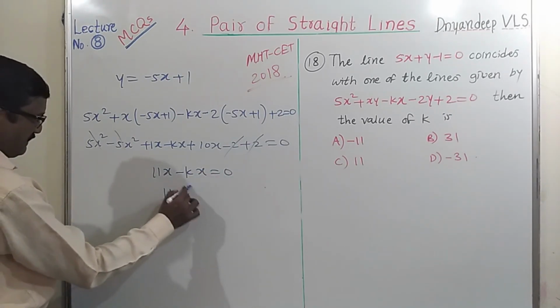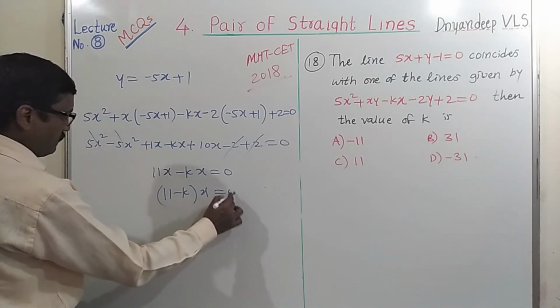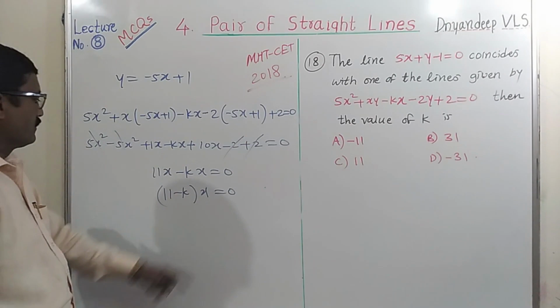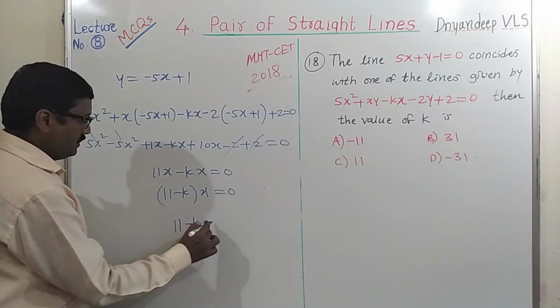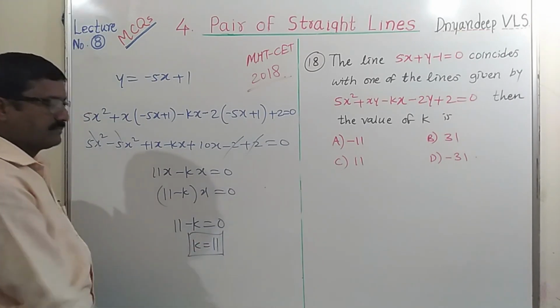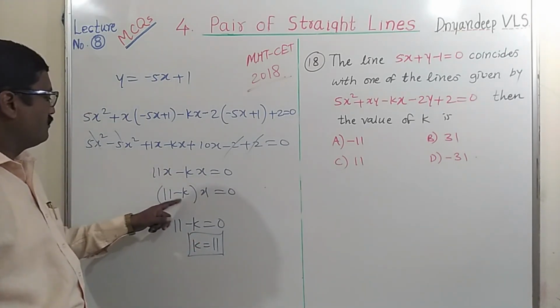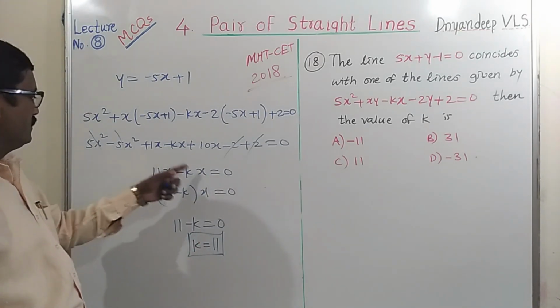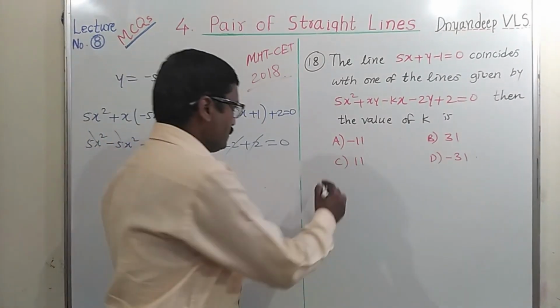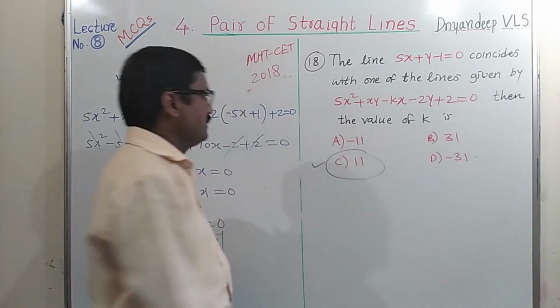So (11 minus k) into x equal to 0. Obviously here x is not equal to 0. So 11 minus k is equal to 0, which implies k equal to 11. So for k equal to 11 we get this equal to 0 and it satisfies the condition. So answer C is correct, that is 11.